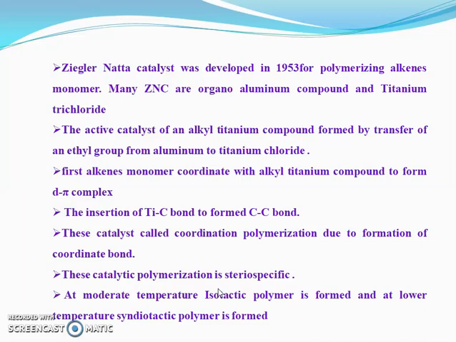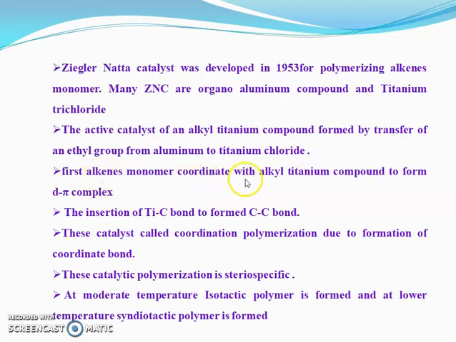Now, the next point we discuss is the Ziegler-Natta catalyst, for control of polymerization. The Ziegler-Natta catalyst was developed by scientists in 1953 for polymerizing alkene monomers. Many Ziegler-Natta catalysts are an organoaluminum compound and titanium trichloride. The active catalyst, an alkyl titanium compound, is formed by transfer of an ethyl group from aluminium to titanium chloride.